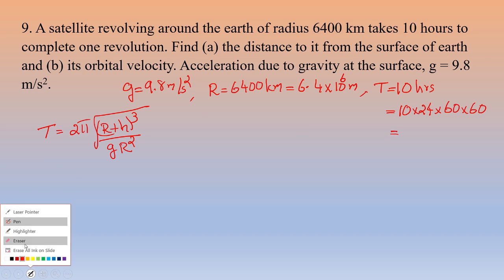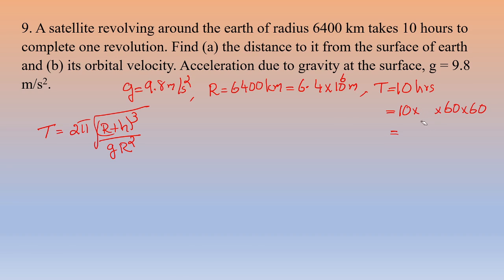So there is a correction in the value of the time period. We need to take only 10 hours, that is 10 into 60 into 60. So that is equal to 36,000 second.